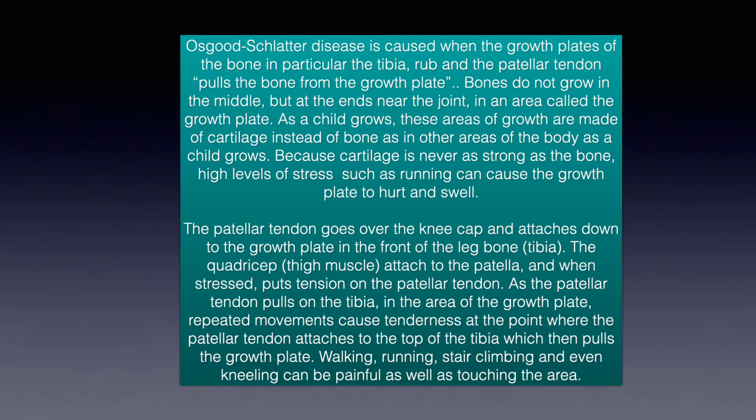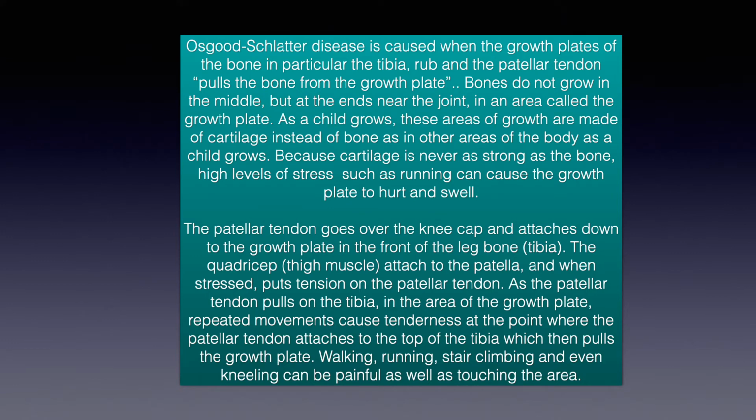And the growth plate of the area we're talking about is the tibia, which is the big shin bone that supports your legs. And as the patellar tendon, which comes out of the quadricep muscle, rubs, it tends to pull the bone from the growth plate. And since bones do not grow in the middle, but at the ends near the joint, it's an area called the growth plate.